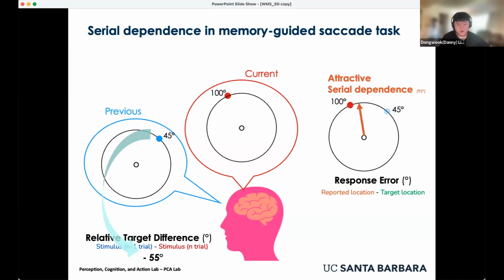Assuming the serial dependence occurred in the scenario as indicated by the orange arrow, we can calculate the response error using the provided formula. In this case, it'll be -5 degrees. You may notice that both the relative target difference and the response error have the same negative signs. So if both values have the same sign, we observe the phenomenon of an attractive bias, indicating that participants are reporting their remembered location slightly closer to the previous target location.